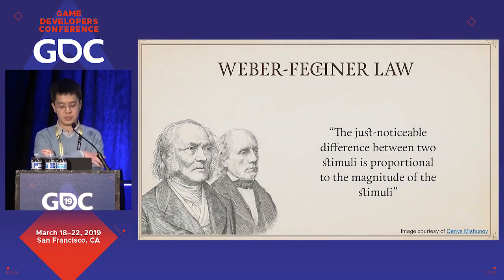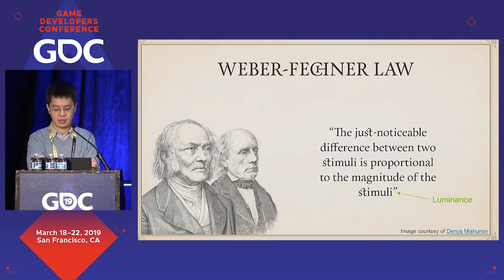There is a very basic perception theory called the Weber-Fechner law. It says that the just noticeable difference between 2 stimuli is proportional to the magnitude of the stimuli. For our case, the stimulus here is the luminance, and the law basically says that the threshold for just noticeable difference should be set proportionally to the base or the minimum luminance level in that region.